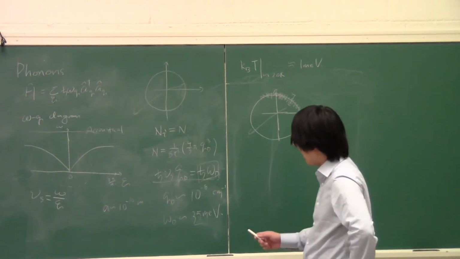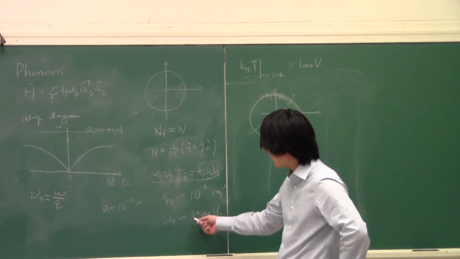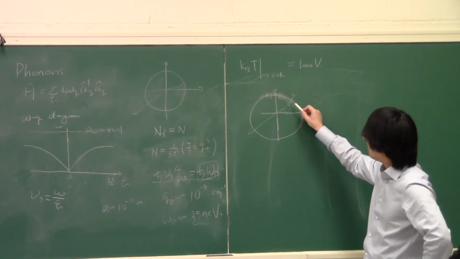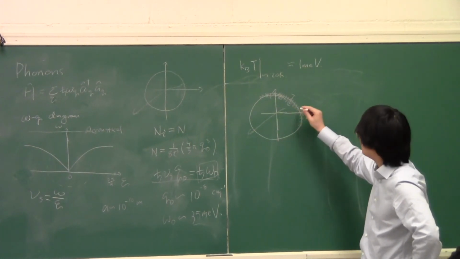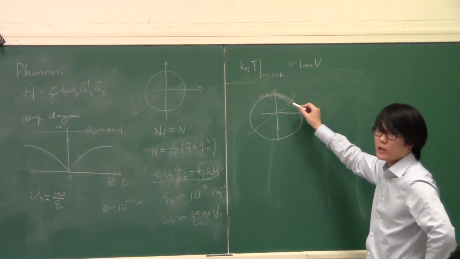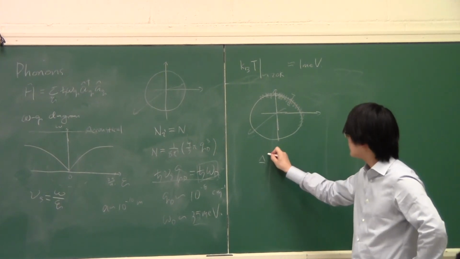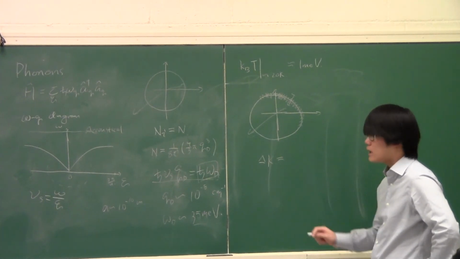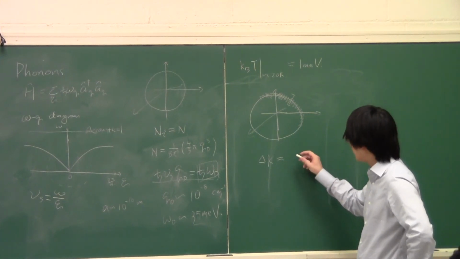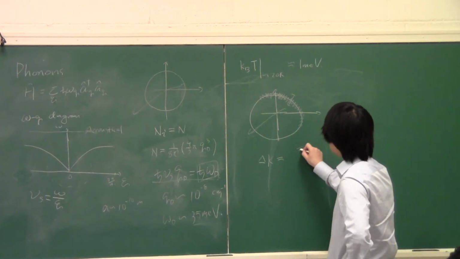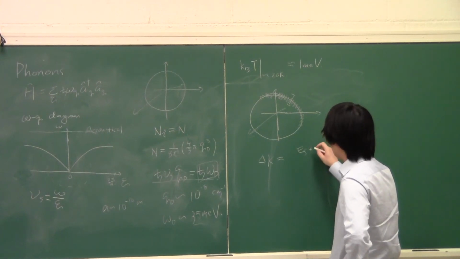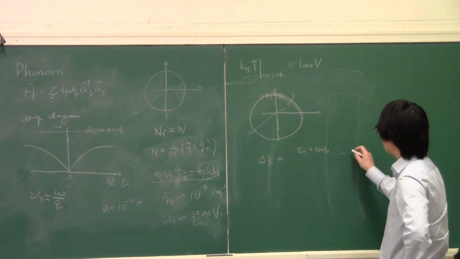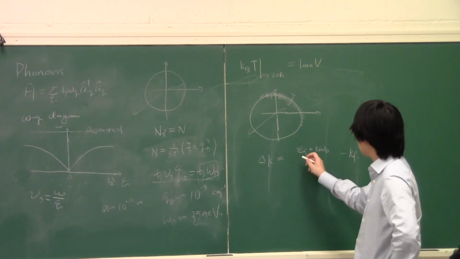Now, if we use this 35 millielectron volts, and we think about all these electrons close to the Fermi surface, what is the spread of wave number? Okay, so we want to look at a delta K. To compute the delta K, we basically add the phonon energy to the Fermi energy. So E Fermi plus h bar omega D, and we invert this to get K, and then we subtract the Fermi momentum.